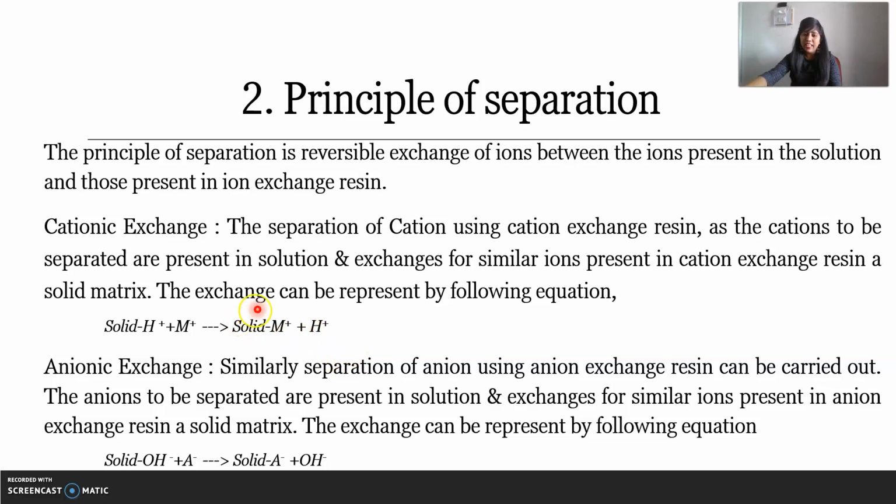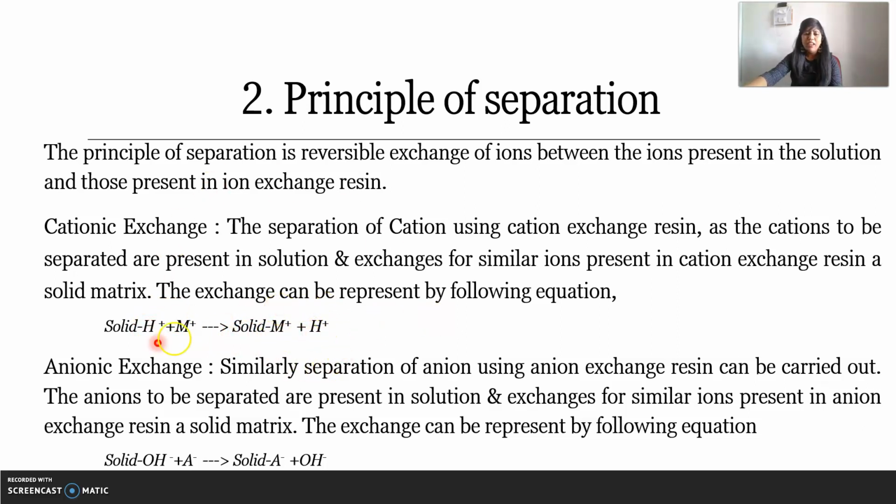The exchange can be explained by this equation. The cationic exchanger is complexed with solid H plus, plus M plus, which is a component or ion present in the sample. Here this M plus is replaced by the cationic exchange resin ion. This M plus is going to convert to solid M plus plus H plus ion.